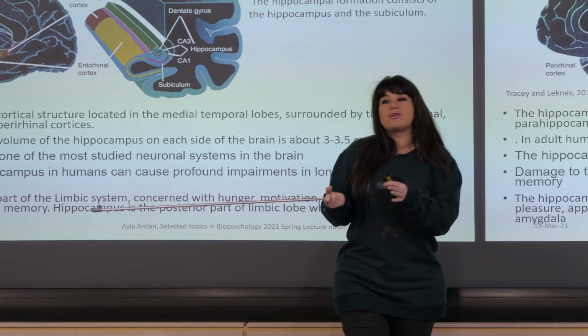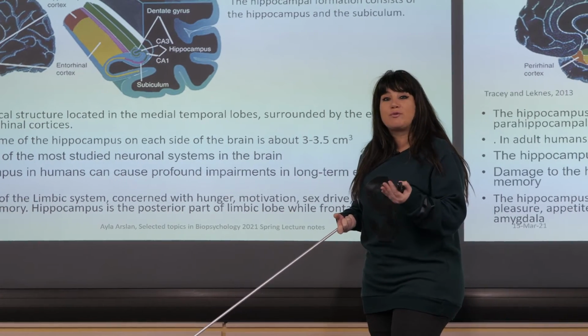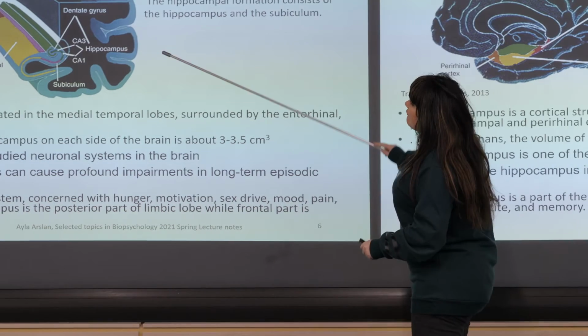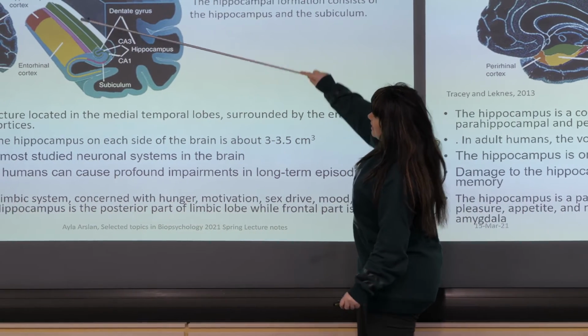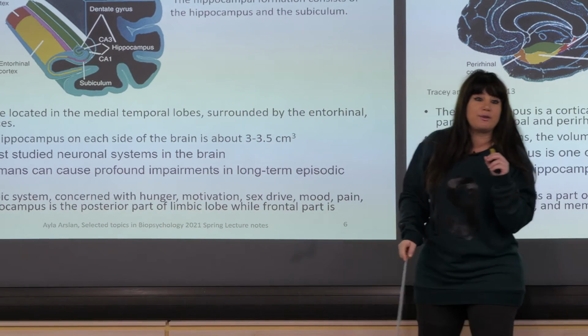These cortical areas are involved in the input-output relationship of the hippocampus with other brain regions. And in this section, you see the major regions of the hippocampus.